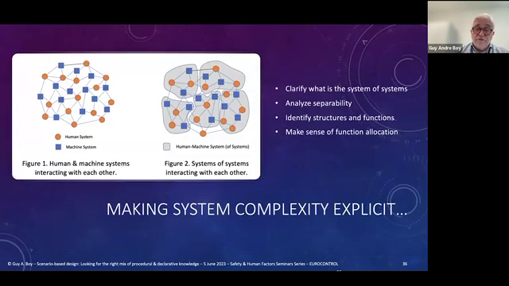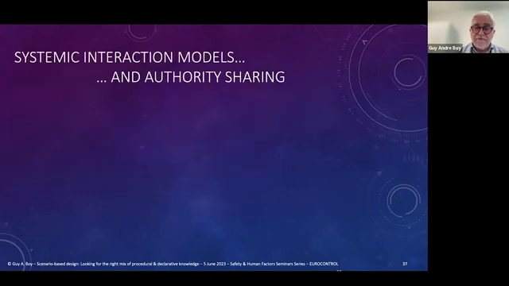I'm going to go fast now because I want to reach the end. Another point that we have to take into account when you do this scenario-based design is the separability of systems. There are systems that you can separate and study in isolation, and others where you need to study the whole thing.